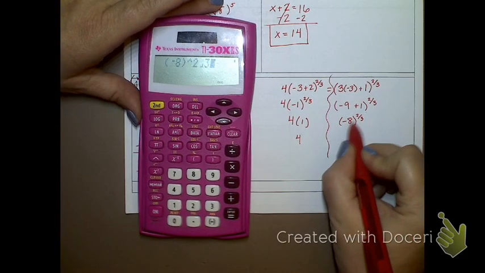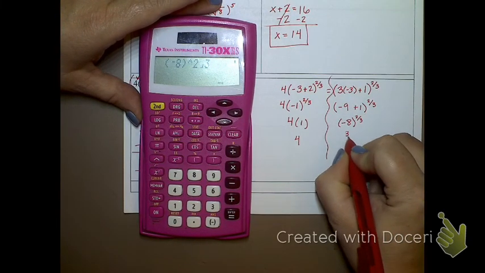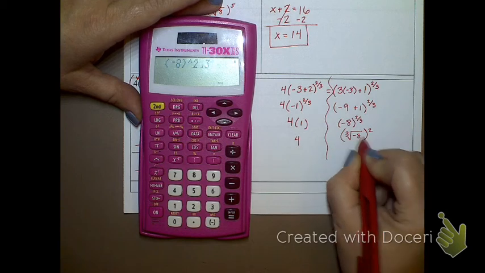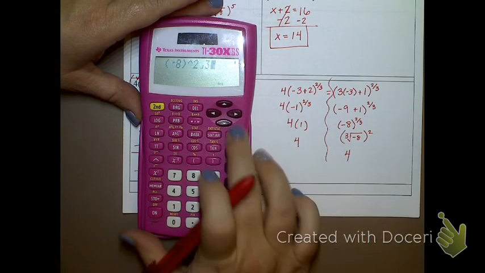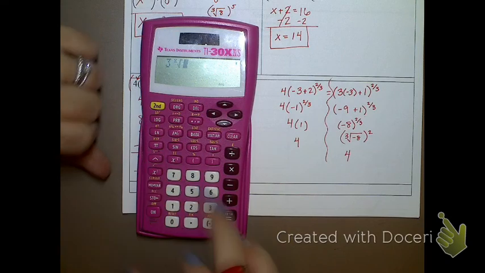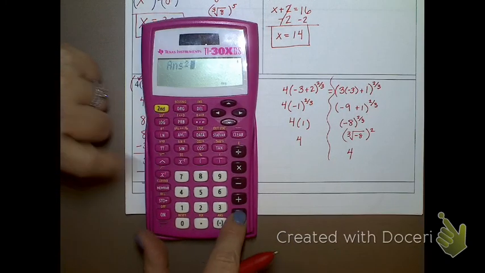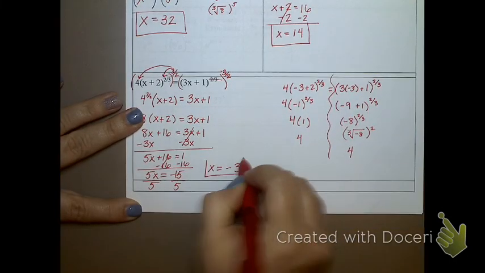So I have to plug this into my calculator in radical form. So I'm going to plug it in as the cube root of negative 8 squared, which I happen to know is negative 2 squared, which is 4. It will check out. But if I plug it in this way, my calculator doesn't freak out for some reason. There's my negative 2 squared is 4. So does my answer check out?